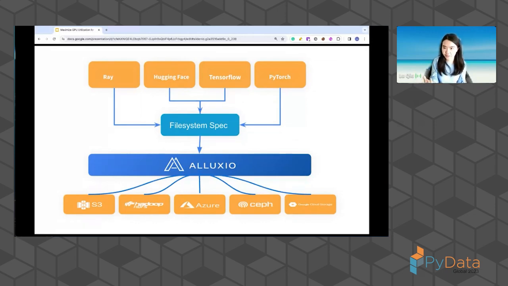And Alluxio in this picture acts as a super caching layer for File System Spec. Basically, File System Spec will fetch the data from the remote storage system into Alluxio and cache it there. When it has to serve read requests, it first comes to Alluxio and says, hey, do you have the data that I want? If you have it, that's great. It's much closer, much easier, so I just directly get it and return it to my users.